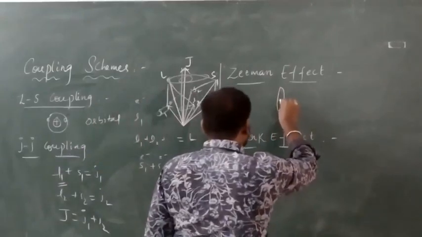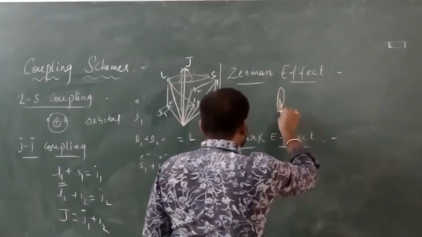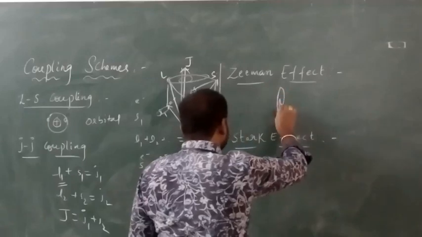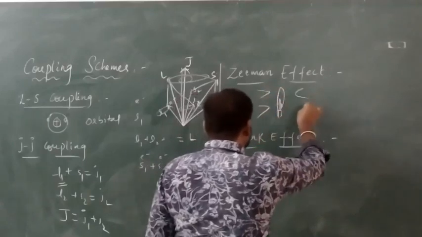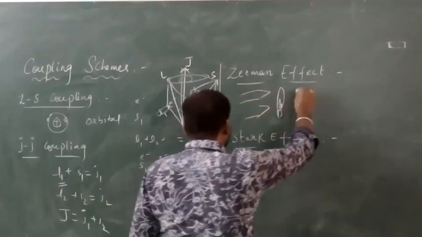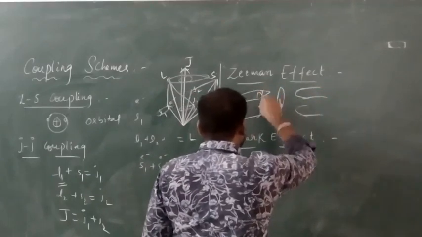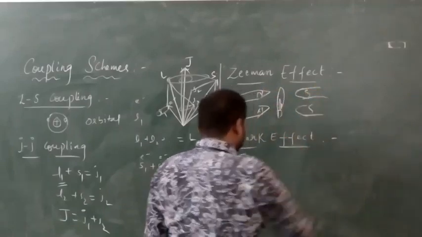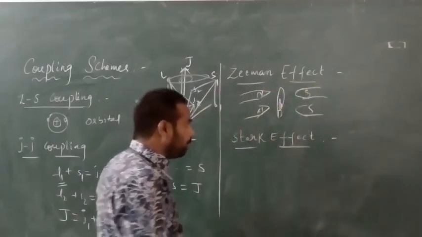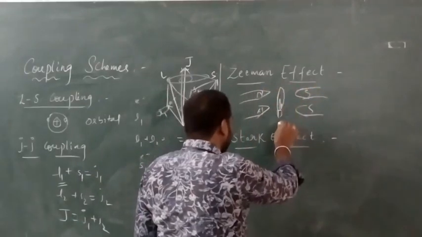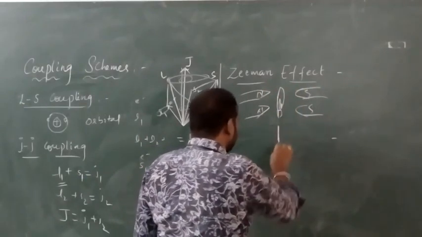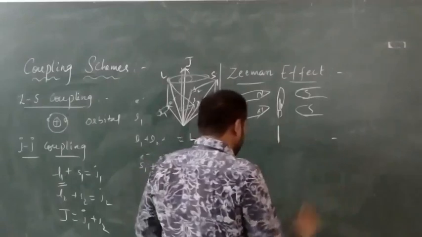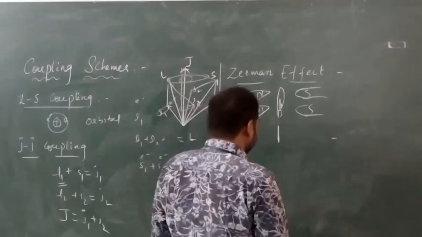When a source of light is placed in a strong magnetic field, between the north pole and south pole, whatever spectral line is emitted will be split into more than one component.